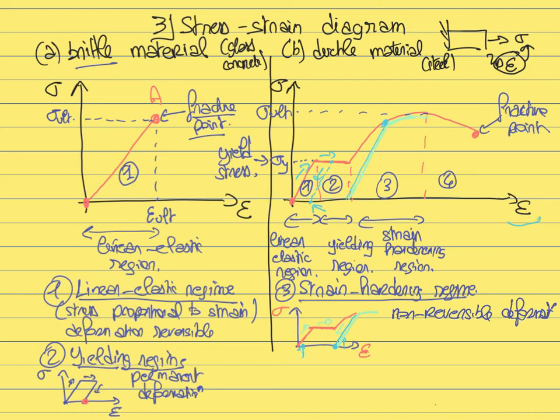Because initially, when you first start with your initial material and before any loading has been applied, you have the linear elastic domain, and then at a given stress, which is the yield stress, the material will start to show some plastic deformation, some non-reversible, some non-elastic deformation. So you have a given yield stress.